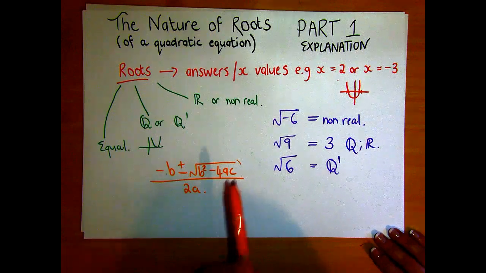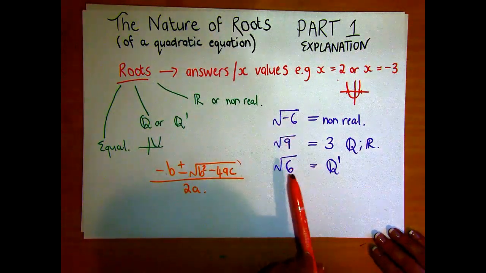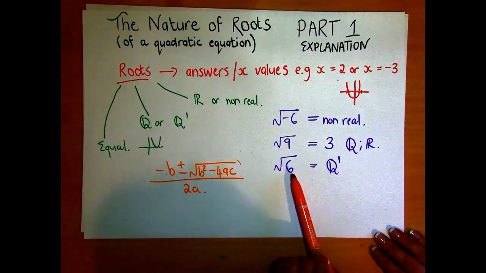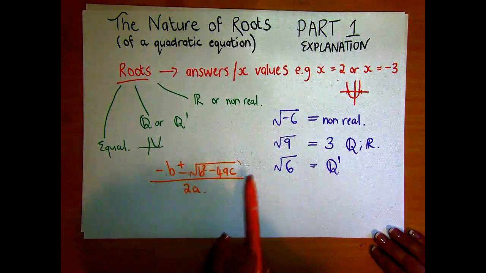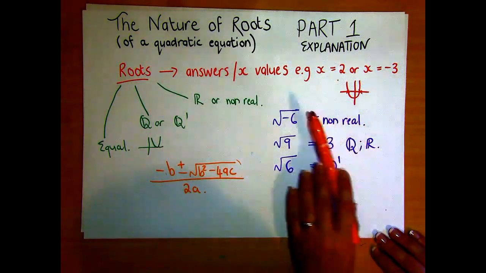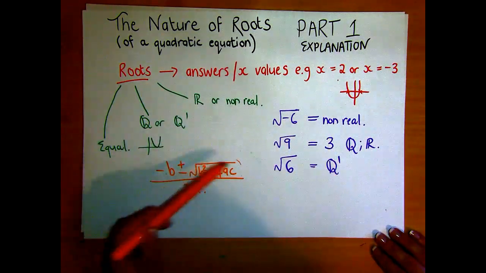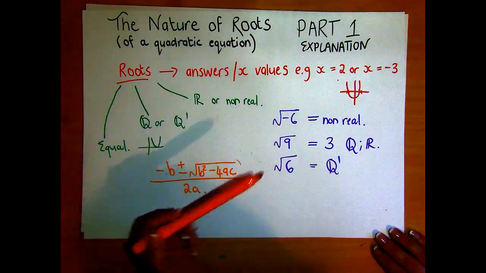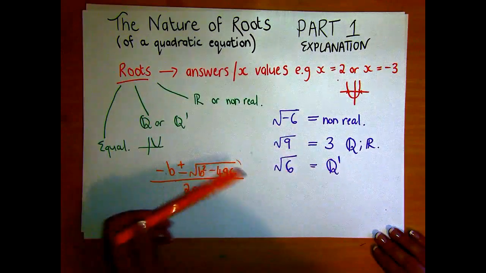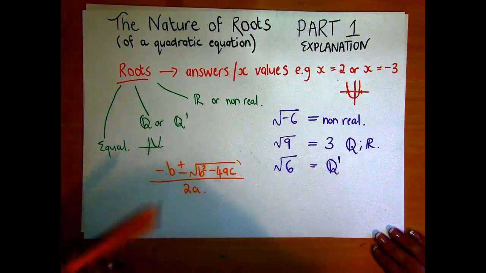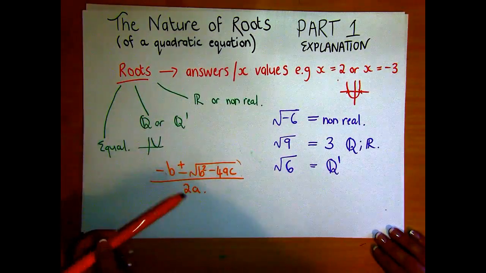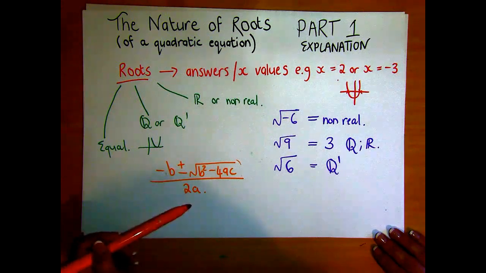And that is heavily related to what I've just reminded you of from grade 9 and 10 work. If this thing is going to give something that's non-real, we're going to have roots that are a little bit iffy. And here, again, we'll have roots that are very clear, and here we're going to have irrational roots. So basically, these two are the ones we don't need to worry about.